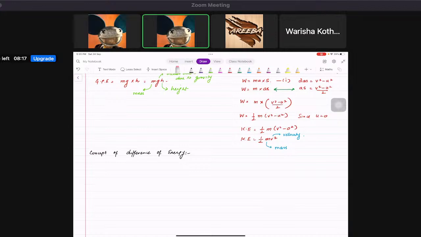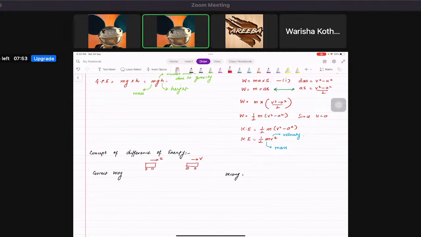In fact, I'll write here, there is a correct way of doing this and a wrong way of doing this, so please don't fall into this trap. The correct way is that if an object was moving at velocity u and it reached velocity v, and they say, okay, find the change in energy.